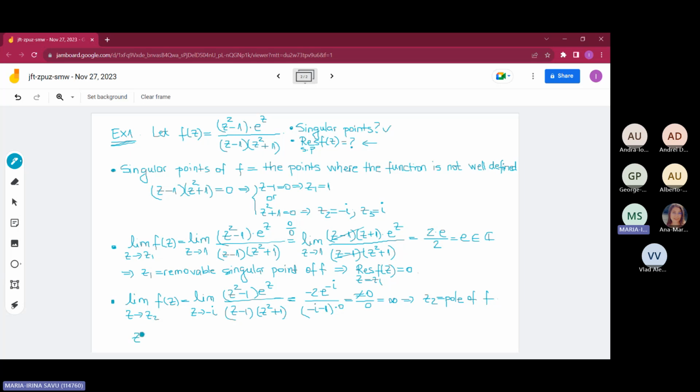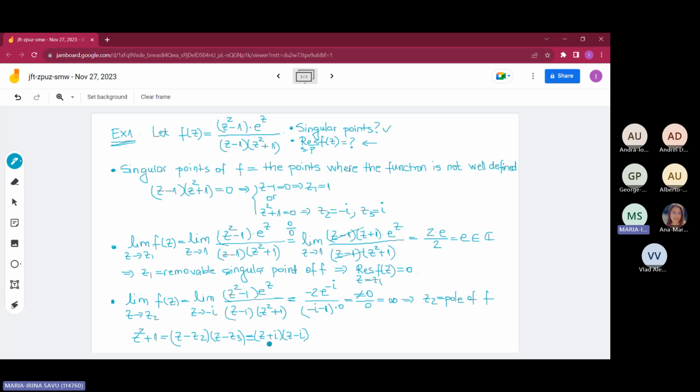So in order to see better the fact that the order is 1, you should write this expression as a product in terms of z2 and z3. So it is z minus z2 times z minus z3, which is equal to z plus i times z minus i.